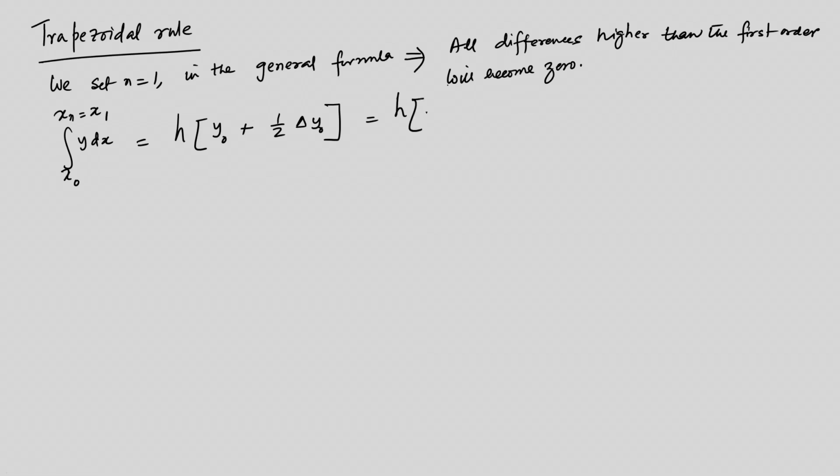So this is h times y 0 plus a half of y 1 minus y 0, which is h over 2 times y 0 plus y 1. So this is for the first interval.